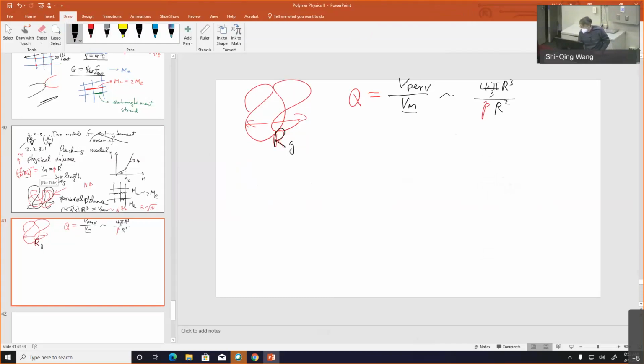And what this leads to? It leads to something very simple. It's basically R over P. Yeah? Oh my God, how simple can this be? It's R over P. And the packing model is all about having this.